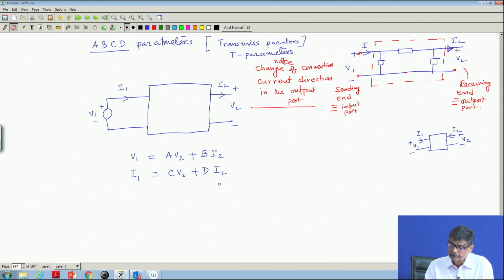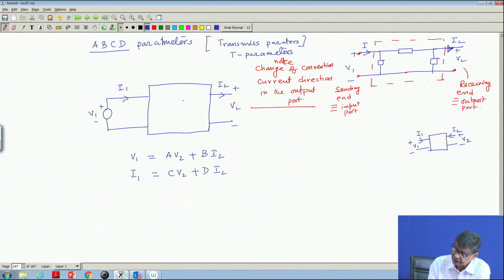Okay. Now, after we decide that I will write it in this fashion, then we can define A, B, C, D, how to find out ABCD parameters of this two port network, which is, suppose, a transmission line.